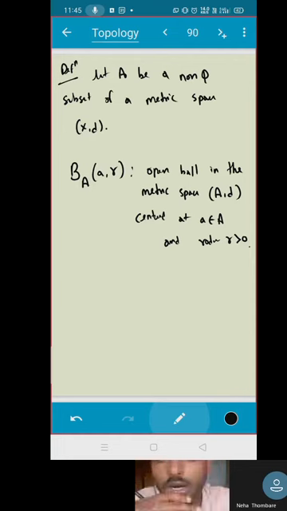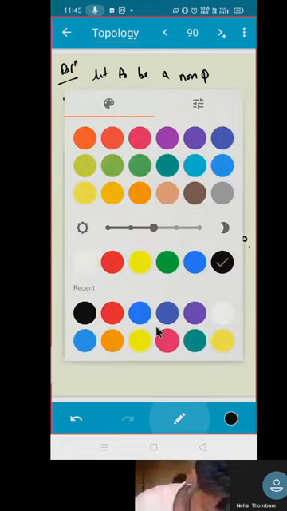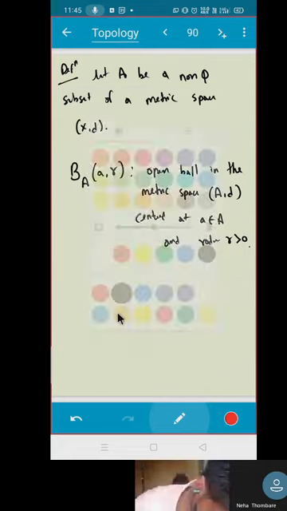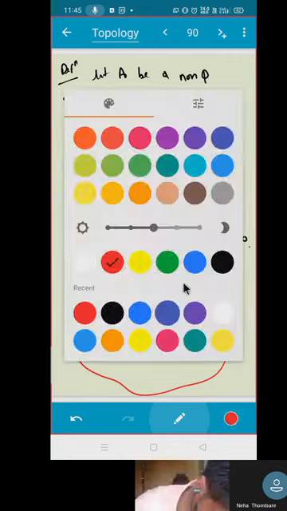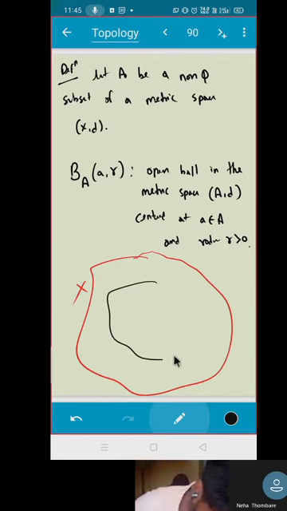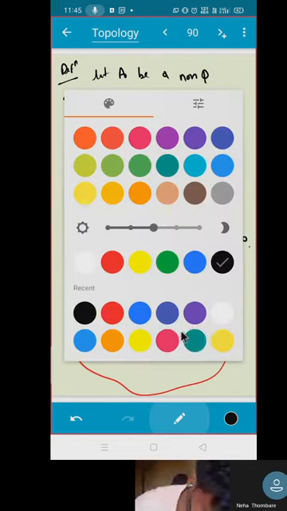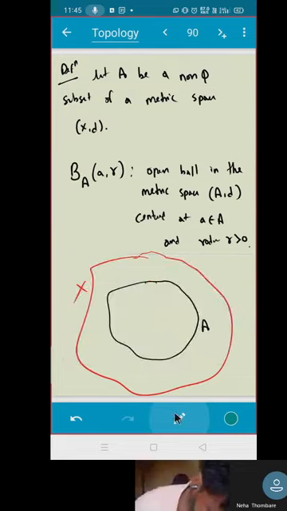So why am I writing suffix A? Do you understand this? First of all, this is the same as what we did before. I am having a space X, correct? In this space, I am having one more set A. This is a set A, correct? And in this set, I am having my open ball.